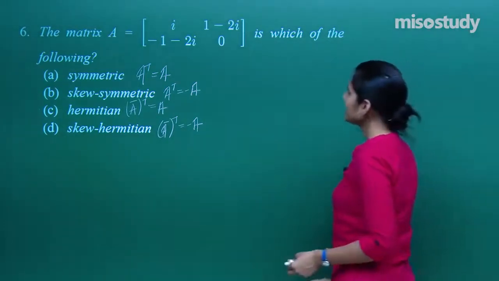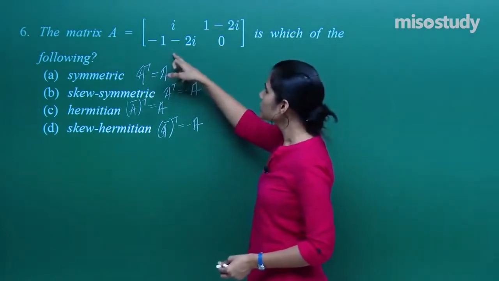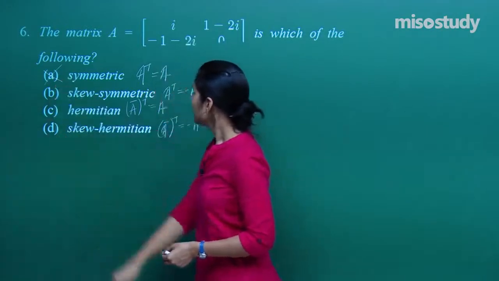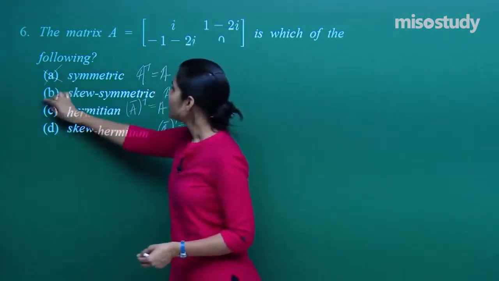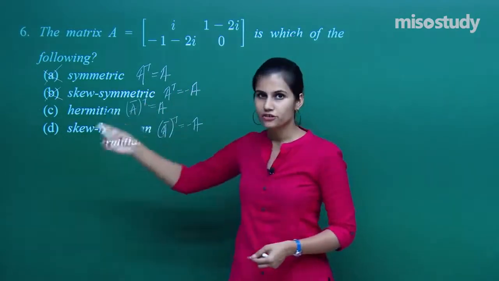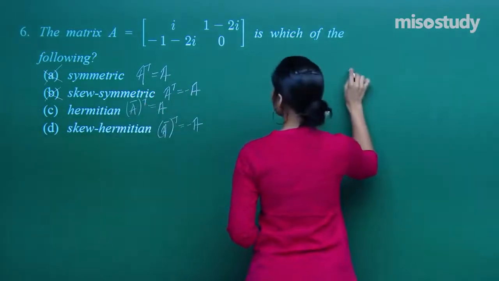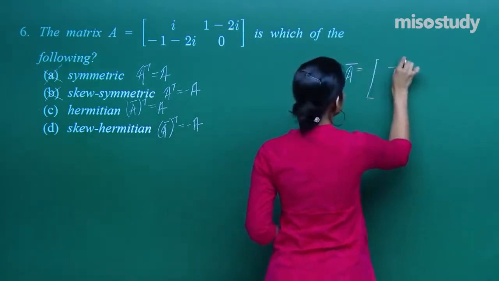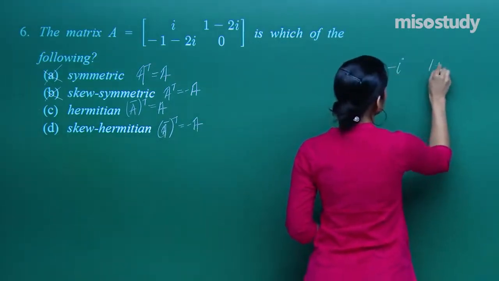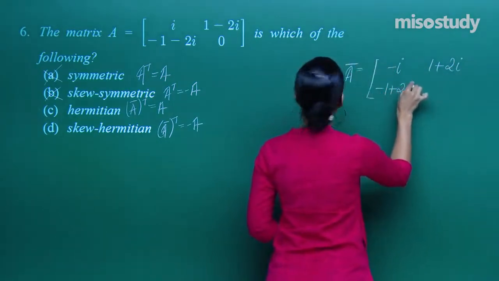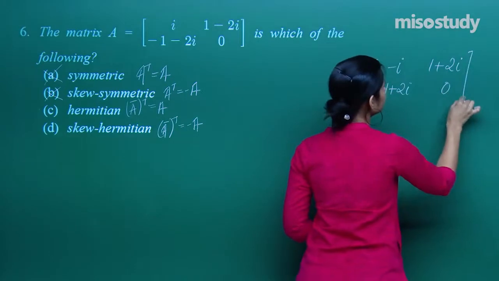If you analyze directly, when I take the transpose, of course it is not going to come out to be equal to A. It is not going to come out to be equal to minus A as well. So the question is about the conjugate transpose. If I take the conjugate of A, it is minus iota, 1 plus 2 iota, minus 1 plus 2 iota and 0.